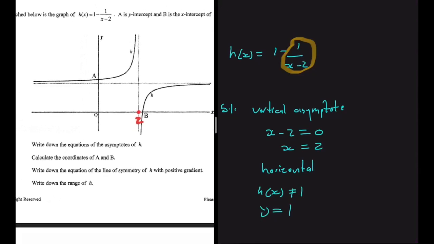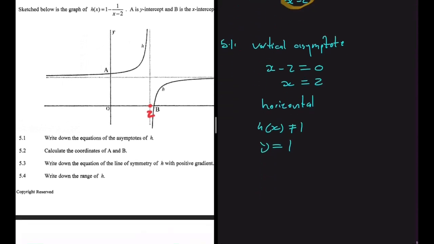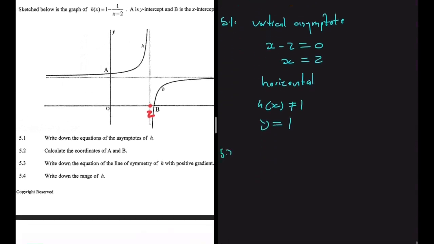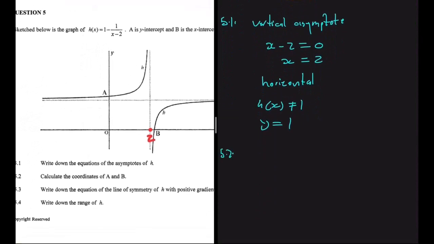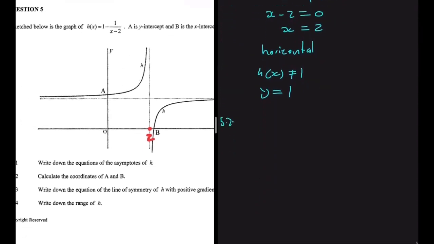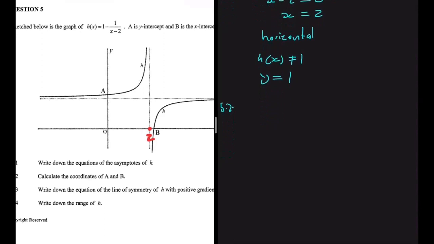And then the next question, 5.2. 5.2 is saying, let's calculate the coordinates of A and B. So let's start with A. A is our y-intercept, right? x is equal to 0.